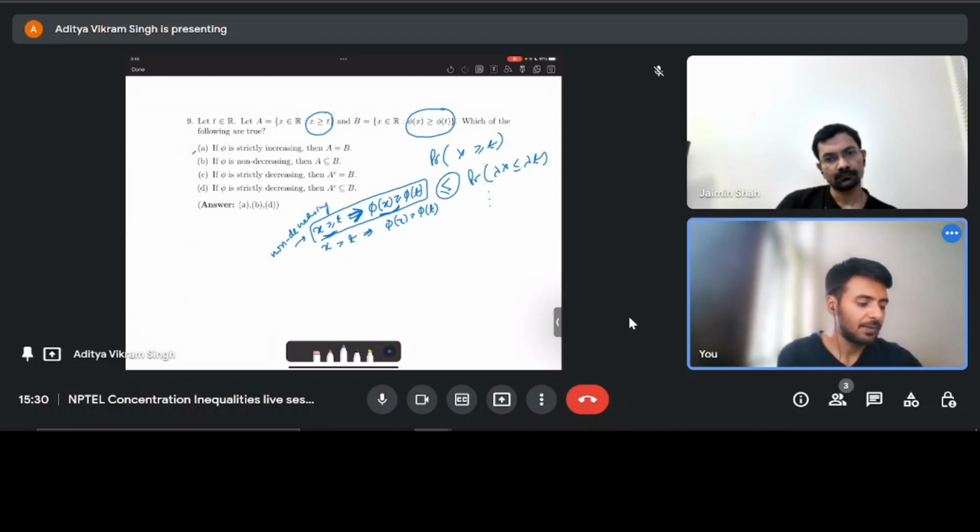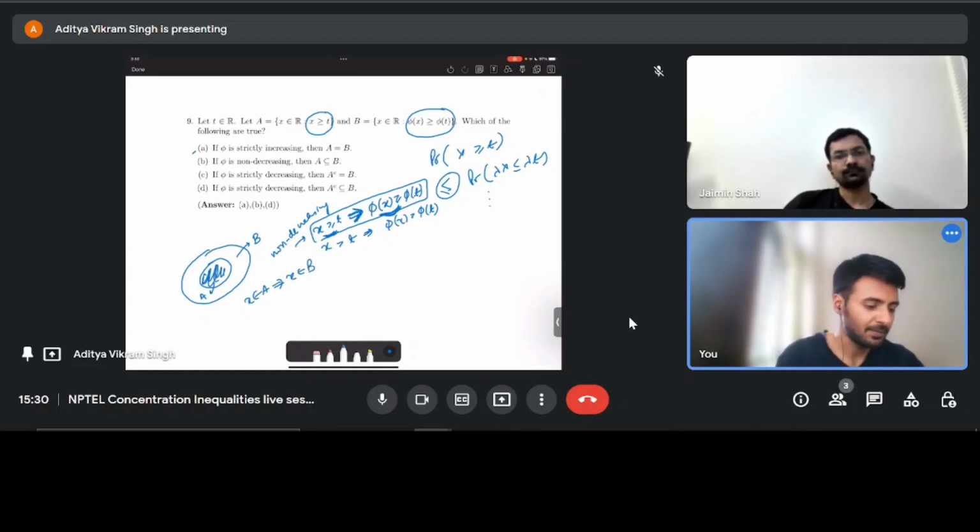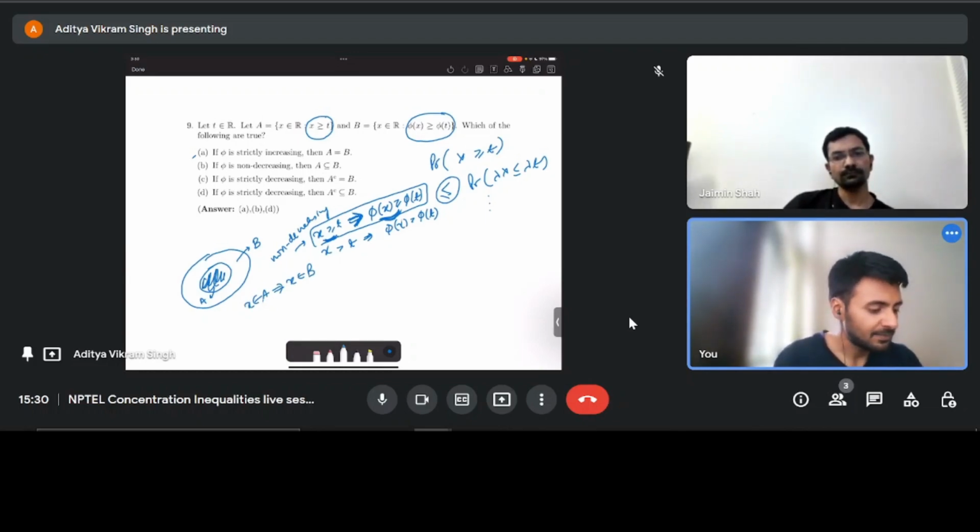A smaller set implies the bigger set. So suppose this is A and this is B, so x in A implies x in B. Smaller set always implies the bigger set. So B is true.